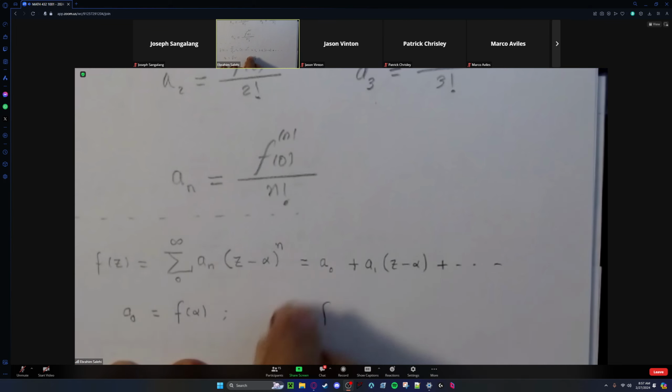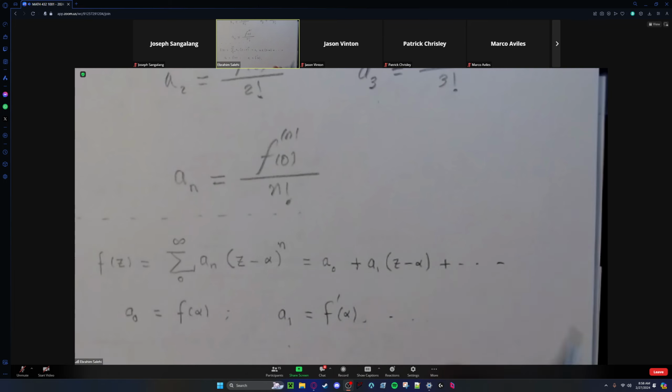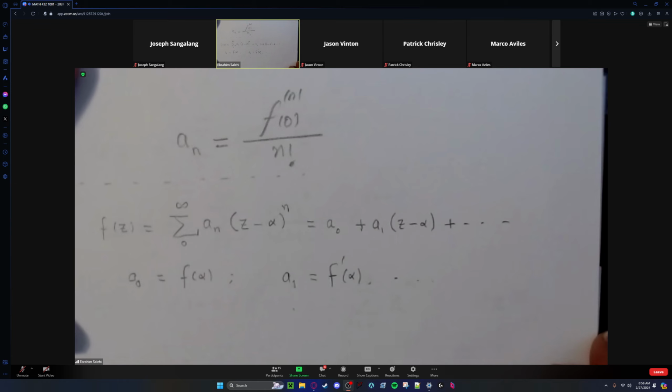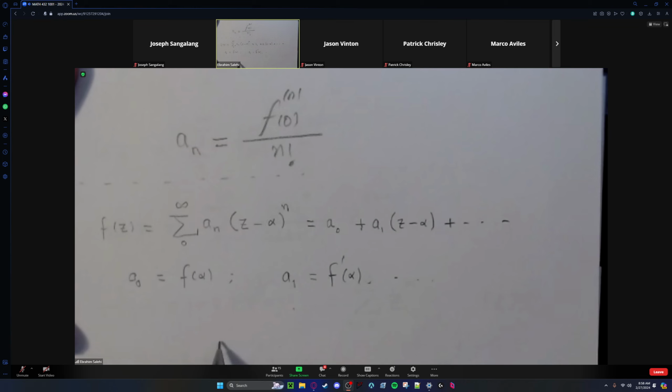a1 is f prime of alpha, and so forth. In general, you will find that a sub n in this case is, in fact, the nth derivative of f evaluated at alpha instead of 0, divided by n factorial.